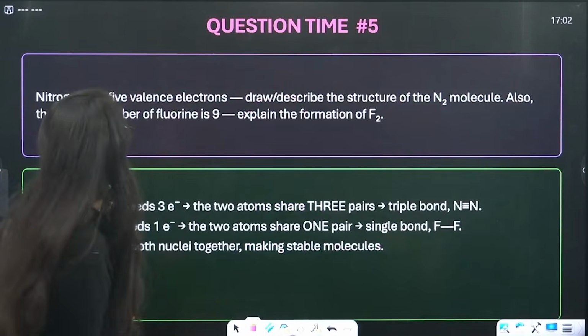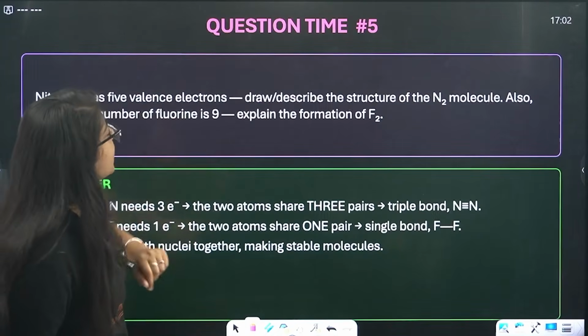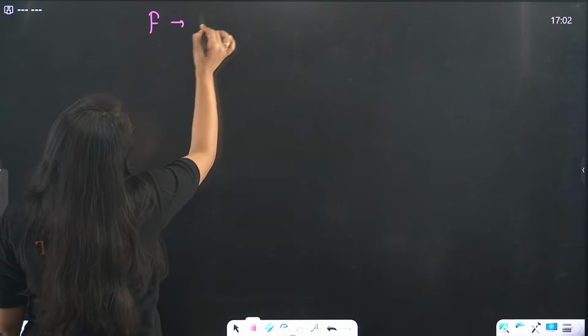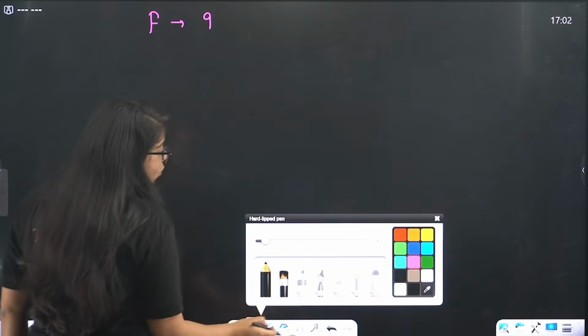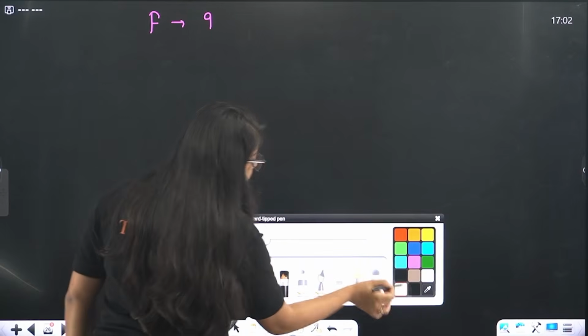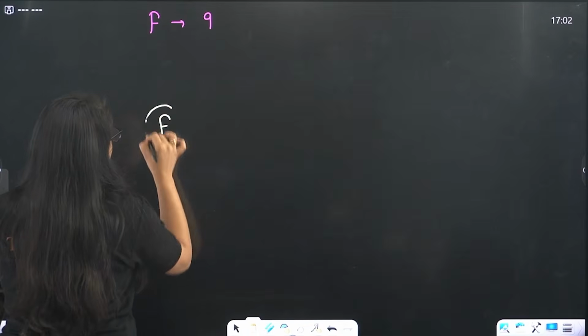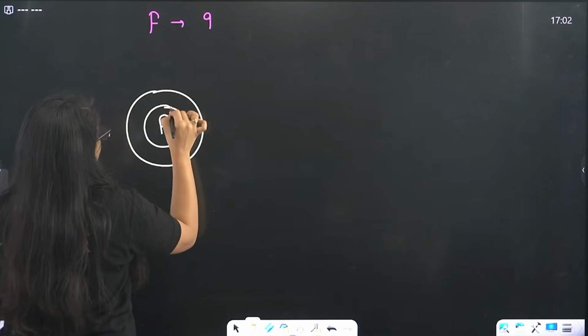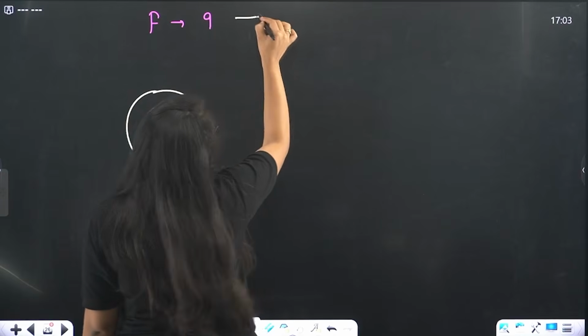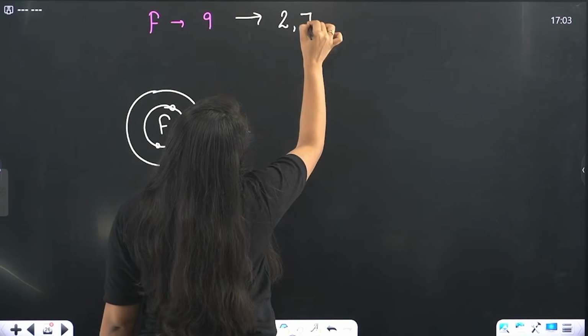Now also, the atomic number of fluorine is 9. Explain the formation of fluorine. Now beta, fluorine is 9. Let us make its electronic structure. 1 and 2, this is 2 electrons. What is the electronic configuration? 2 and 7.